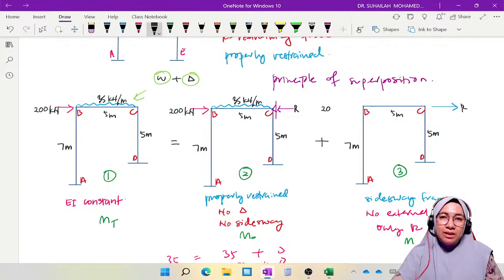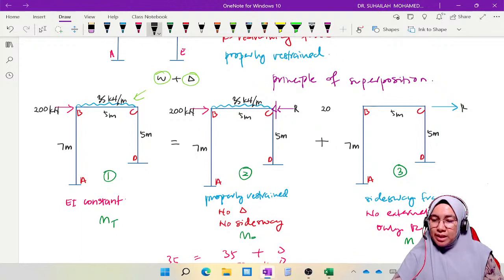We have to have another frame which is subjected to R only. So this side sway frame has only delta, no external loading, no FEM due to external loading.